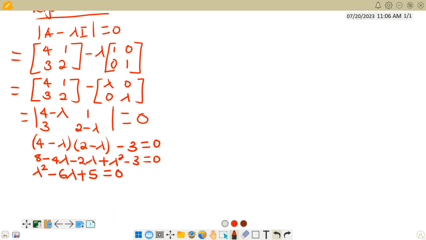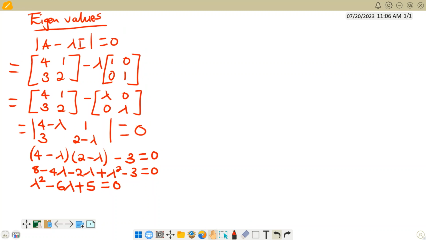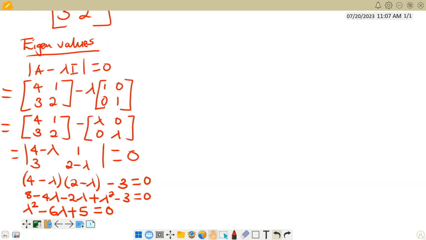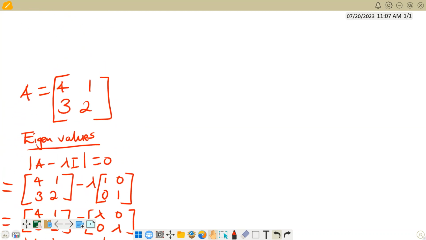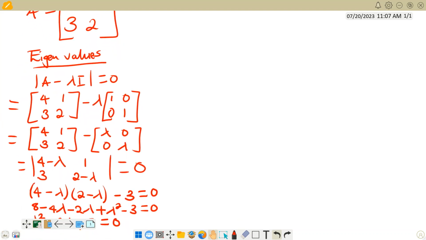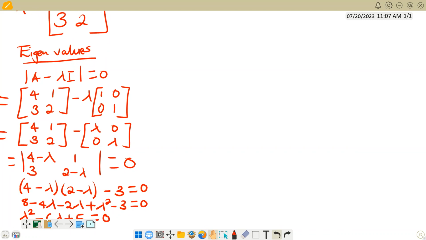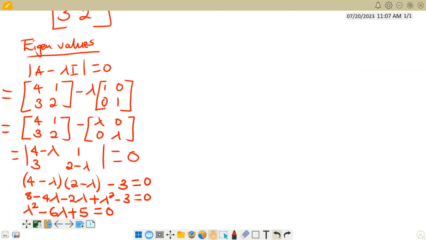So you can solve this using the factorization method. Okay, so we have lambda to the second power minus 6 lambda plus 5.